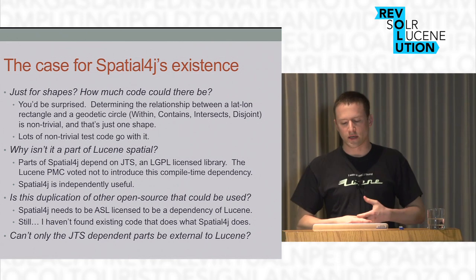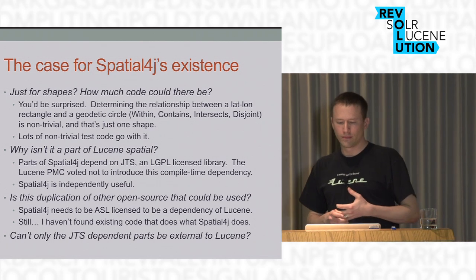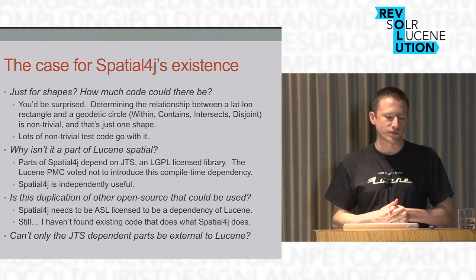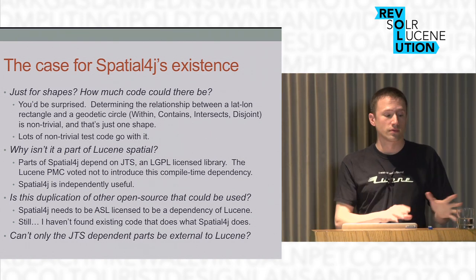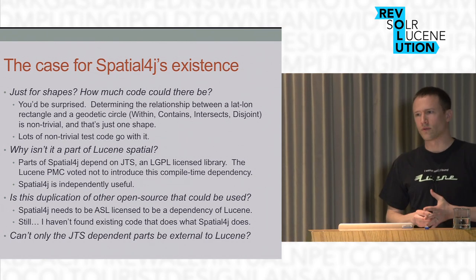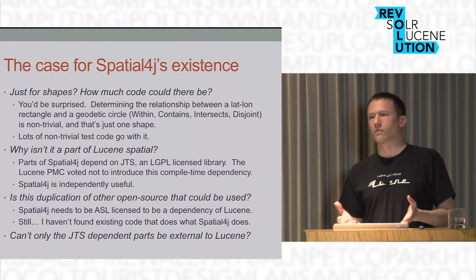Another bigger question is, why isn't it a part of Lucene Spatial? Basically there are a couple of reasons. One of them is its relationship with JTS, which is LGPL. I have no problems using LGPL libraries, but if you take a very strict interpretation of the ASL, you might be uncomfortable.